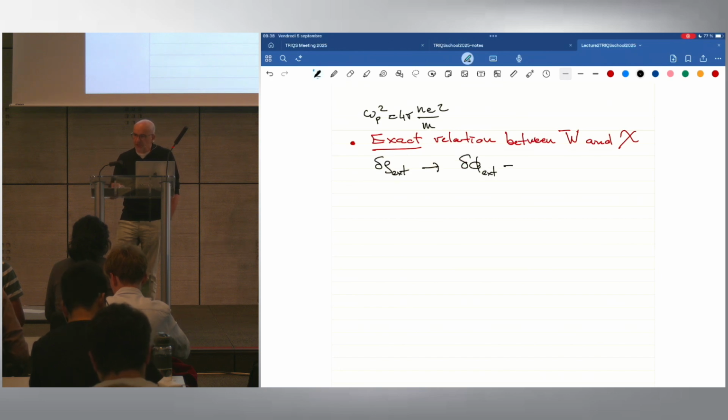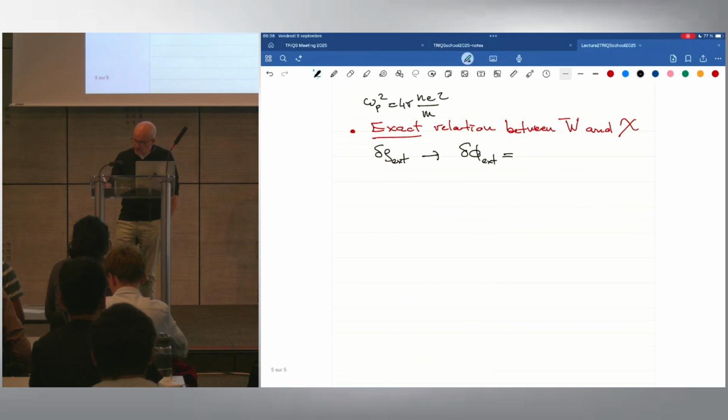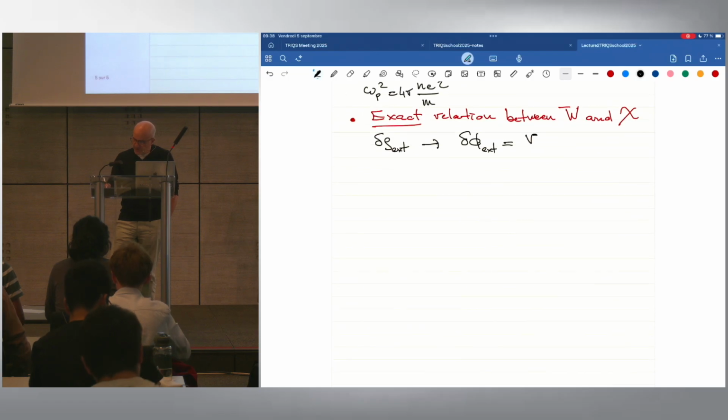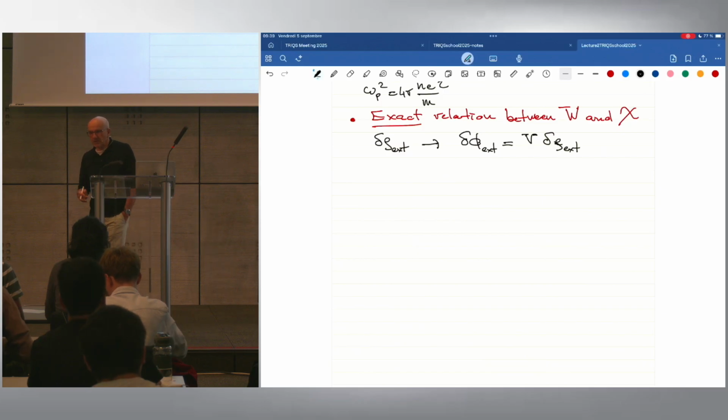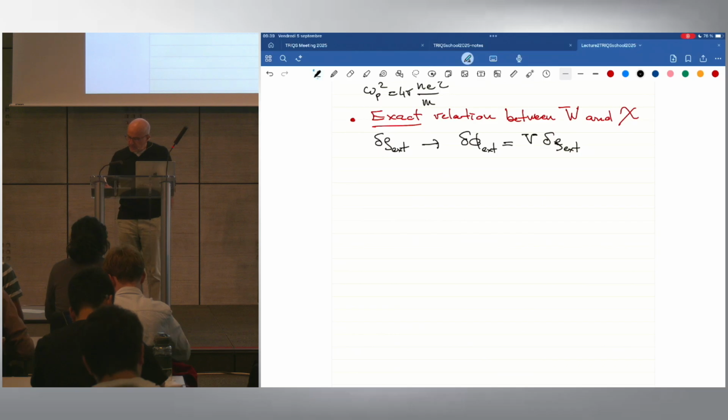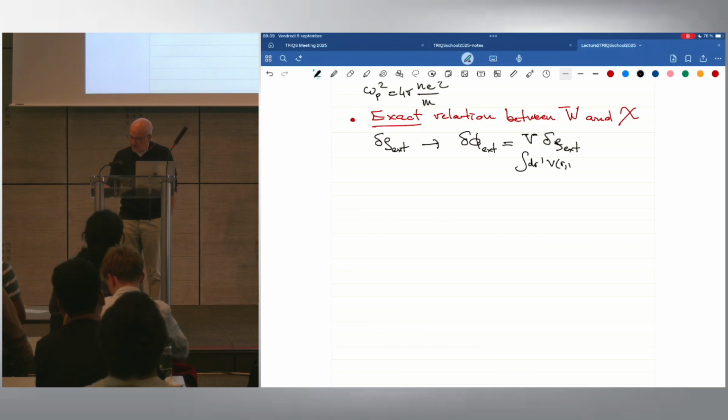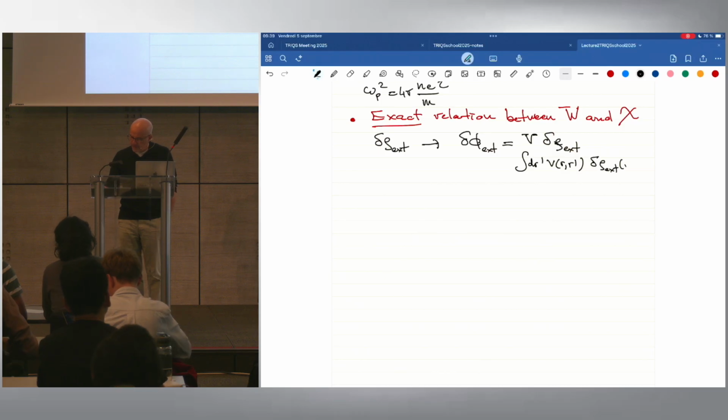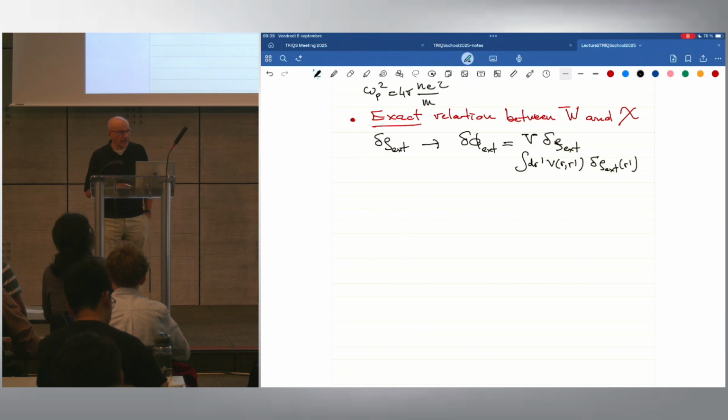This corresponds to a change in the external electrostatic potential, which is just the bare interaction times delta rho external. If V was not a translation invariant object, this equation should be understood as the integral dr prime V of R and R prime, delta rho external of R prime. So everywhere in the following, when I mean a product, this is really what I mean.